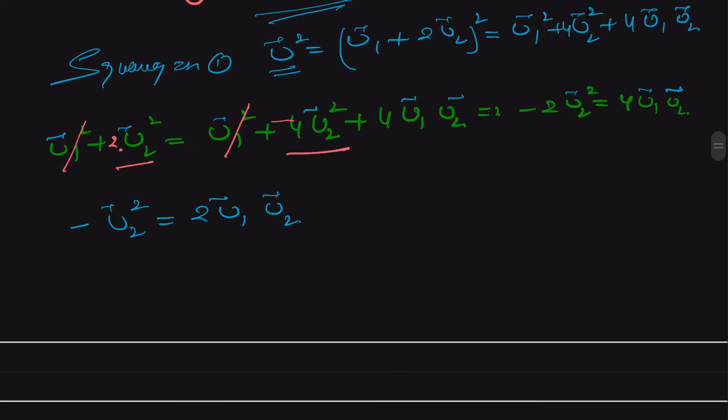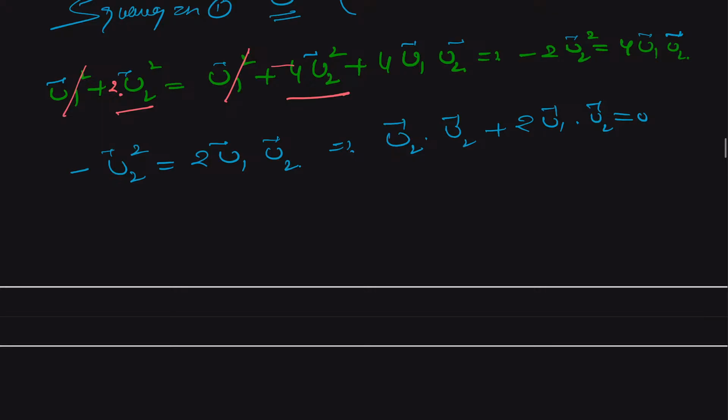Therefore, we can write that this will be equal to v2 dot v2 plus twice v1 dot v2 is equal to 0.